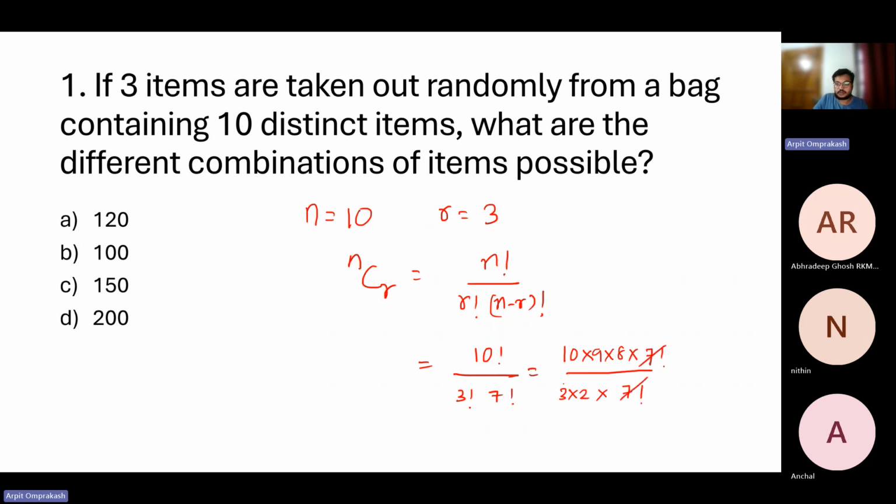The 7 factorial will cancel out, 2 we can cancel out here, 3 we can cancel out here. So what we have is 10 into 3 into 4, so 12 into 10, which is 120. So the answer here will be option A, 120. Okay.